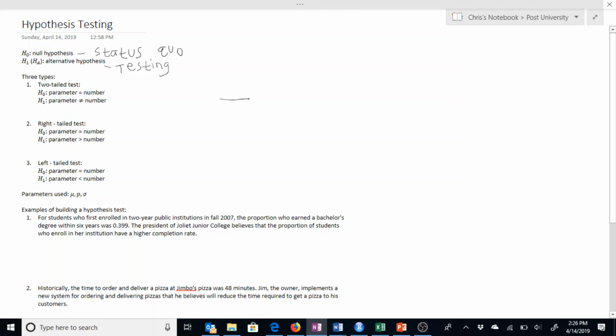So if we want a very basic drawing of this idea, based upon whatever that number is, where it's not equal to that number, that general idea is looking at the two tails here, for example, in this normal plot, where this will be the number and this is the negative of that number.